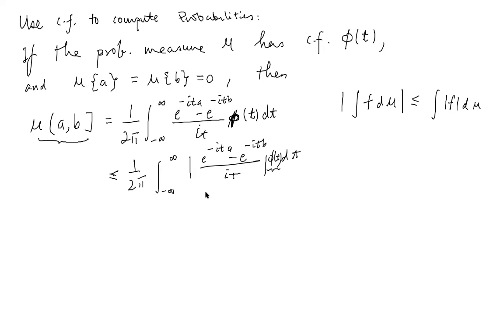So you can actually work with some inequalities here, depending on what the actual form of phi t is, and what the values of a, b are. So you might be able to work out some bounds if it is necessary, but we will not go beyond that in this course. Just to mention that characteristic functions can also be used to compute probabilities.